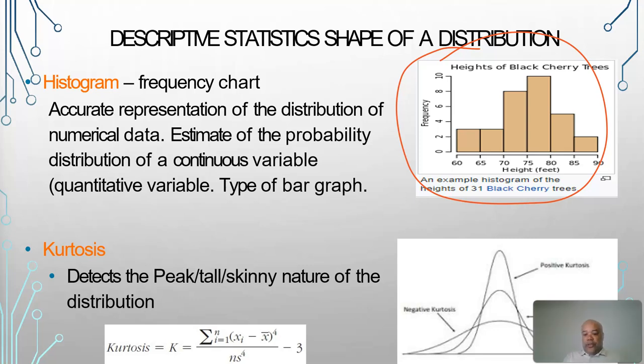Another measure to describe the shape of a distribution is its kurtosis. And kurtosis indicates the peakedness or the flatness of the distribution. A distribution with a positive kurtosis, like over here, has a really sharp peak and a long tail. Okay, sharp peak and a long tail.